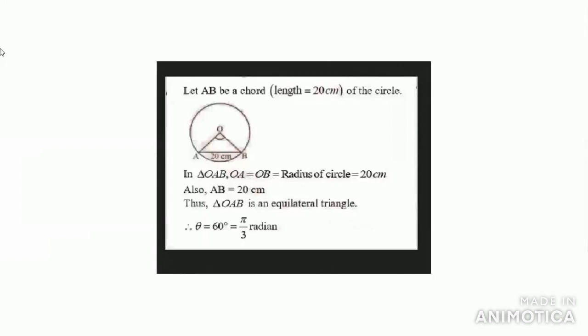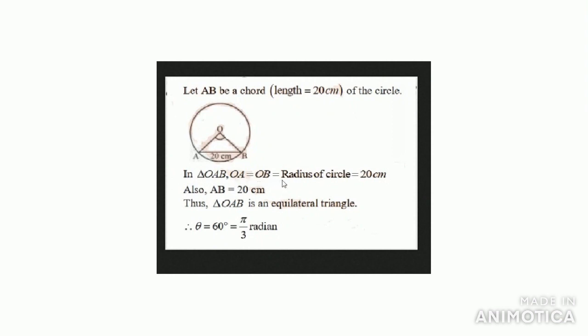Then you can draw the figure and solve the problem. Here AB is the chord of the circle and it is given that the length of the chord is 20 centimeter. And OA and OB are the radius of the circle, and we already calculated the radius of the circle, which is also equal to 20 centimeter.